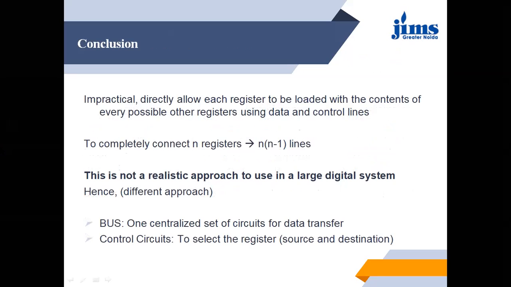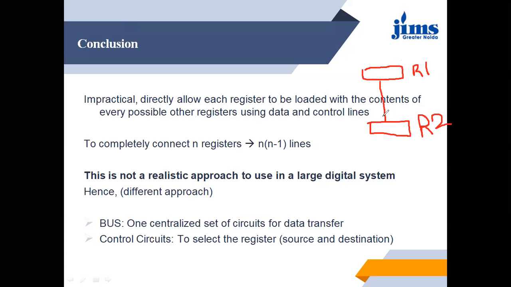So, conclusion. In practice, it cannot be the case that we do this directly. I will tell you: suppose this is a register R1 and this is a register R2, and we have to transfer the data from R1 to R2.